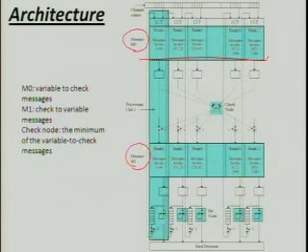The check node here is used to compute the minimum of the variable to check messages. The sum is marginalized locally and then stored in M1. This architecture minimizes the number of global interconnects by performing marginalization within the local processing unit.